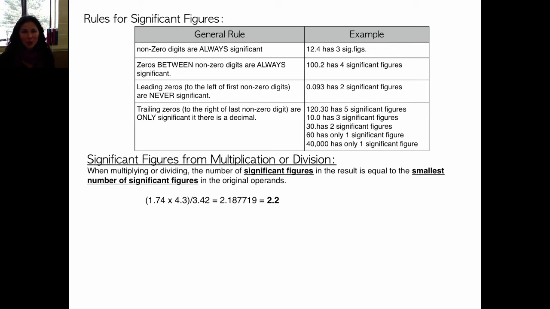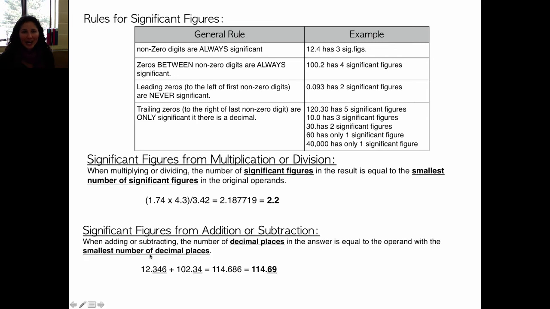The rules are different when you're adding and subtracting. When adding and subtracting numbers, you're now focusing on the number of decimal places, not the total number of significant figures, but just the number of decimal places. And your decimal places in your answer are going to be limited by the least number of decimal places in your operands. So here's an example.